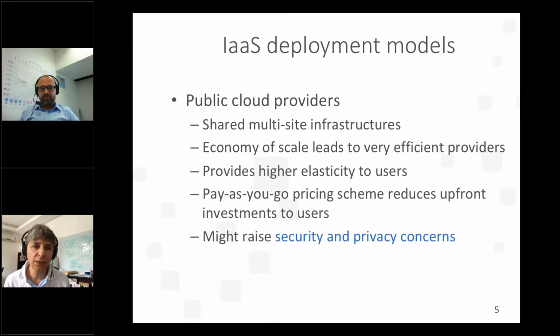In this provision model, the companies have shared multi-site infrastructures, and they leverage economies of scale to provide efficient and low-cost access to computing resources: virtual machines, storage resources, networking resources, etc. Because of this huge infrastructure, public clouds provide high elasticity, so clients can increase or shrink their infrastructures at will, paying just for the resources they are actually using.